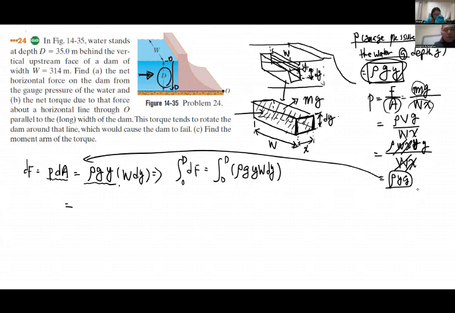Now rho g W is a constant value that can be taken out of the integral, leaving rho g W times the integral of y dy from 0 to d.